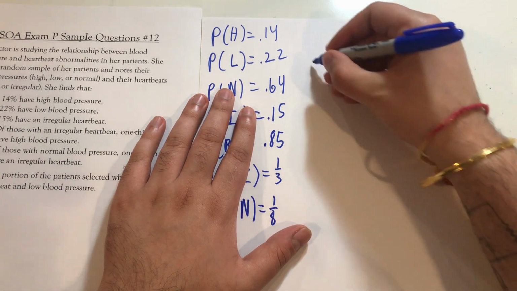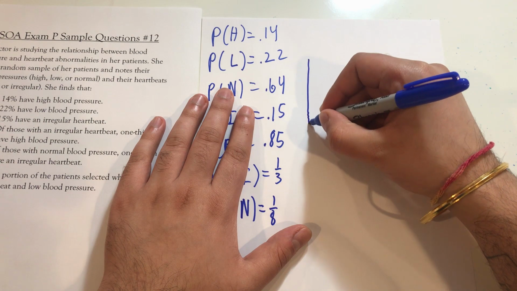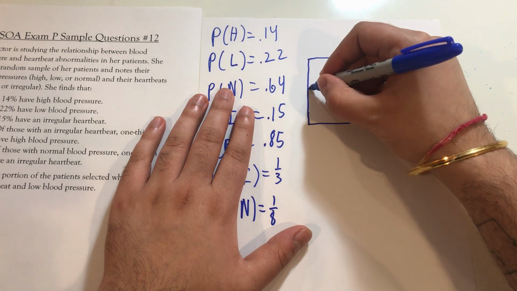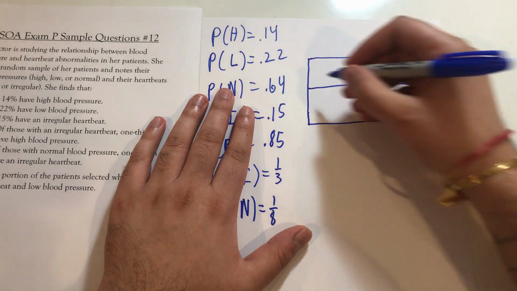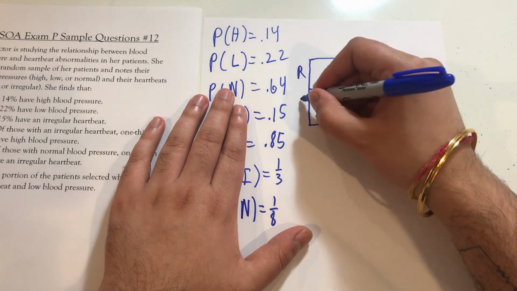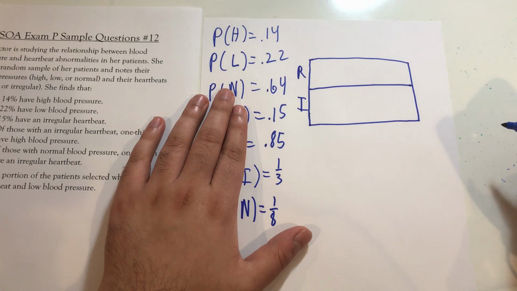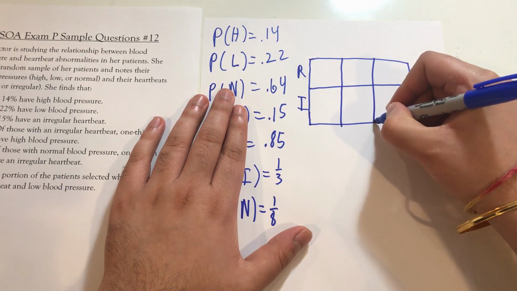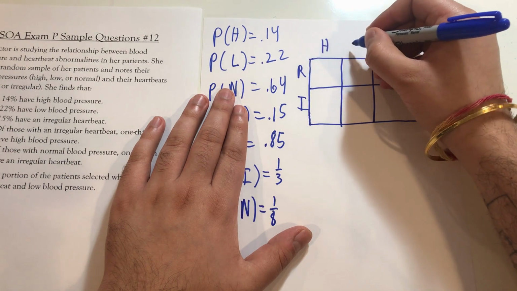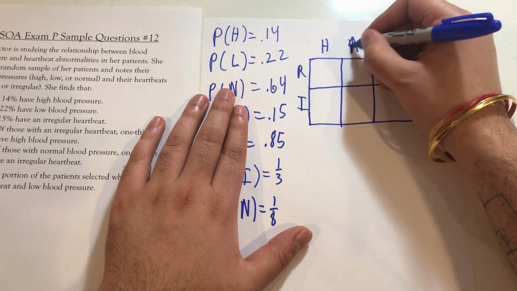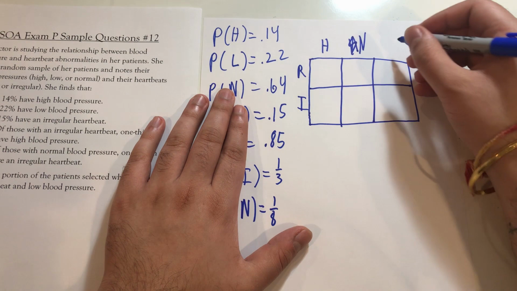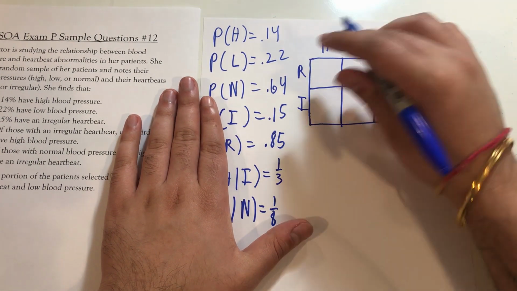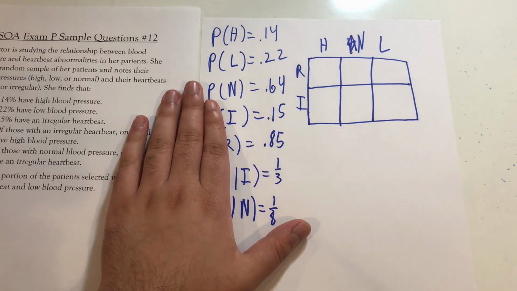On the side, I'll have either a regular heartbeat or an irregular heartbeat, and 3 columns. You have high, normal, or low blood pressure.